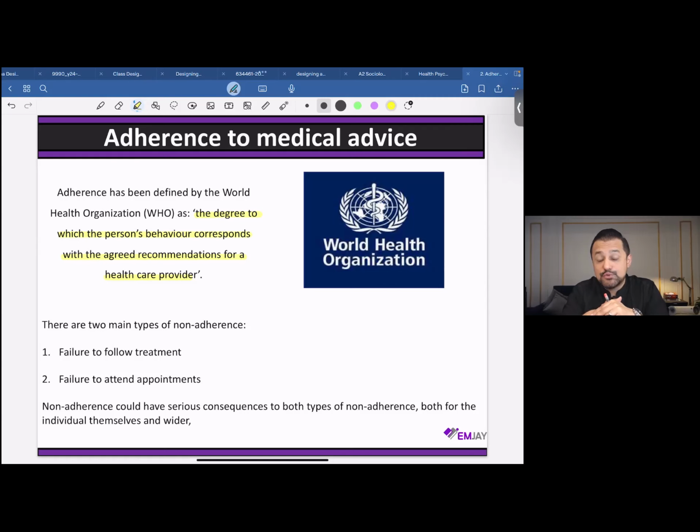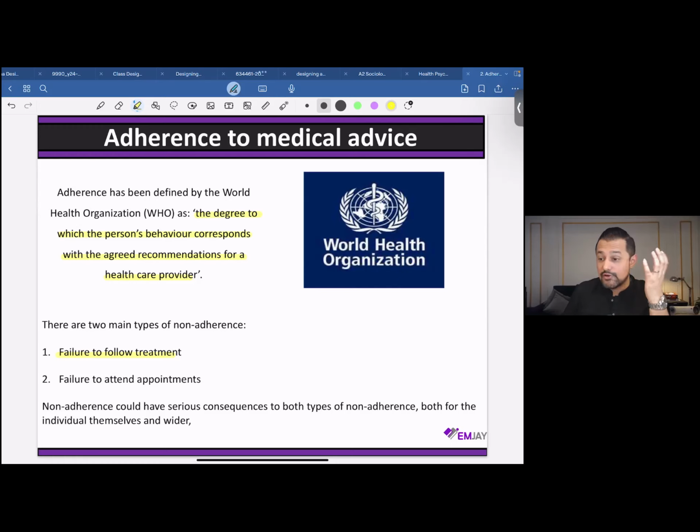As we know of adherence, we should also know of non-adherence, like I had mentioned a minute back. Non-adherence has to do with not obeying. Now, this non-adherence could be broadly put into two different categories. To begin with, failure to follow treatment. As we speak about failure to follow treatment, the idea is when a particular patient is not really able to follow the treatment that has been prescribed to him or her.